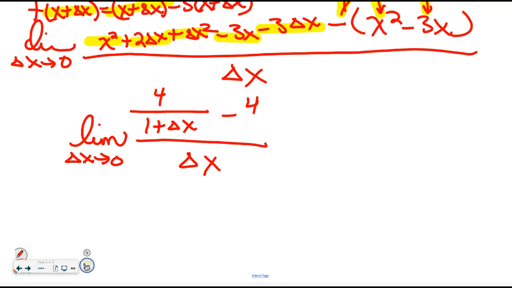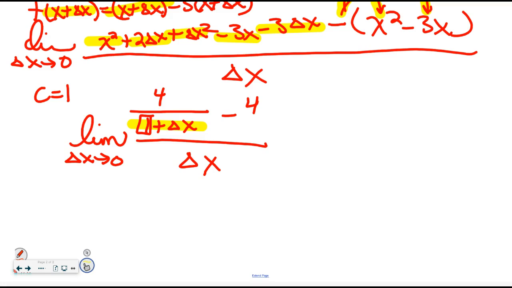So if you were asked what f is on this one and what's c, okay? So what I have here is f of x plus delta x. I always look for this one. So this has a c equaling 1 or an x equaling 1.